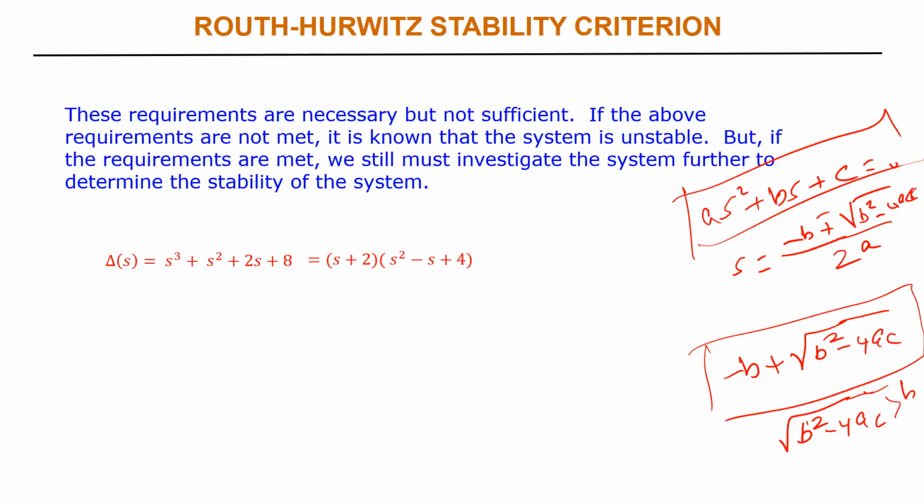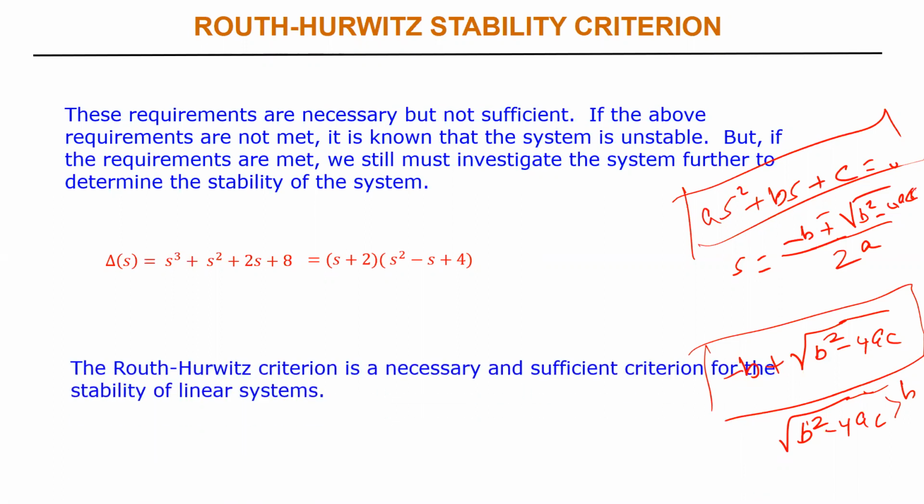So what we are saying in here is that the Routh-Hurwitz criterion is a necessary and sufficient criterion. What we are going to do next is give a procedure to make sure that the system is stable from the characteristic equation.